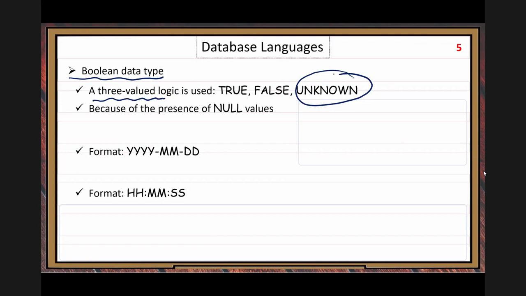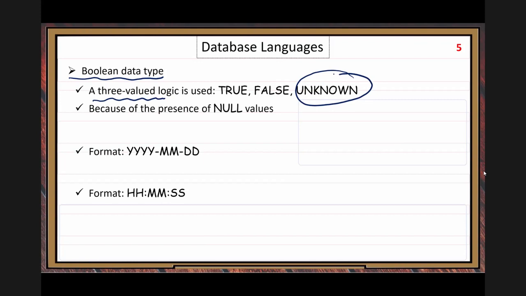Which one should you use? If you use true, it's not 100% correct. If you use false, it's not 100% correct. Sometimes it's true, sometimes it's false. Because when you compare the null value, later its real value is provided, then it could be true, it could be false.